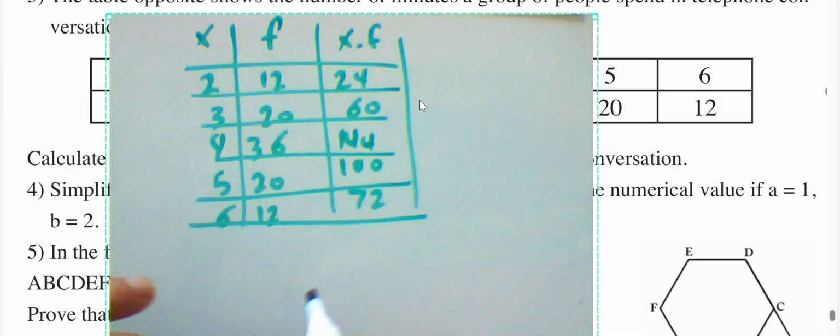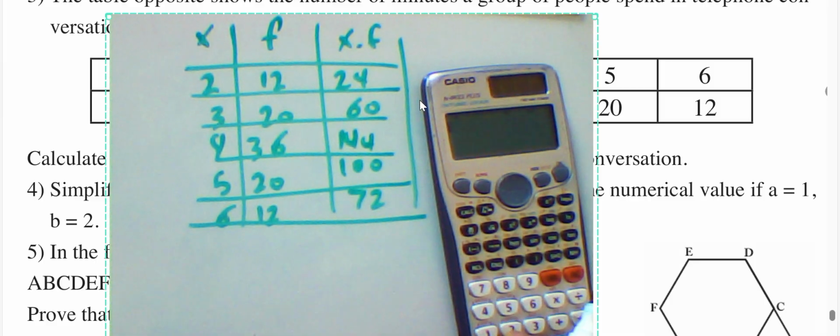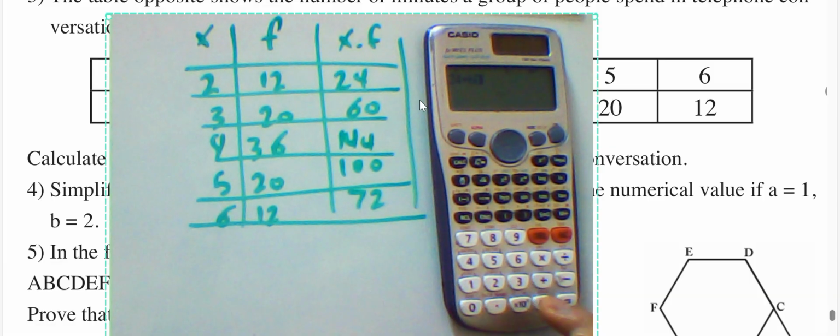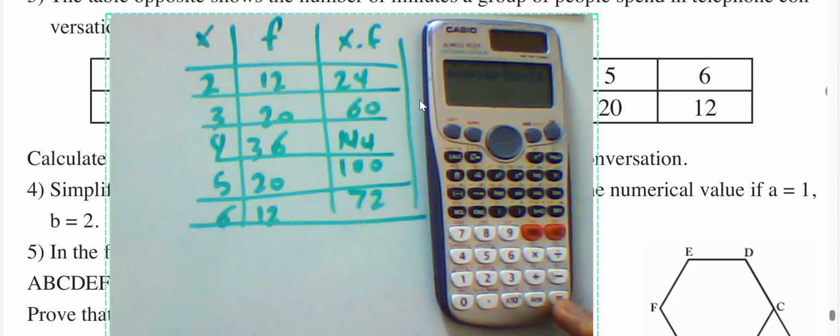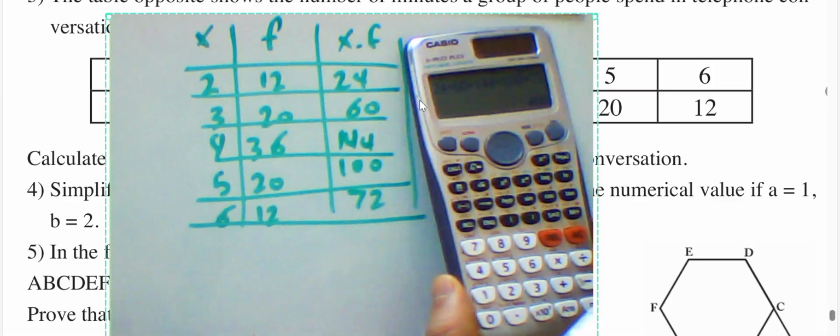Then we collect together: 24 plus 60 plus 144 plus 100 plus 72 equals 400.